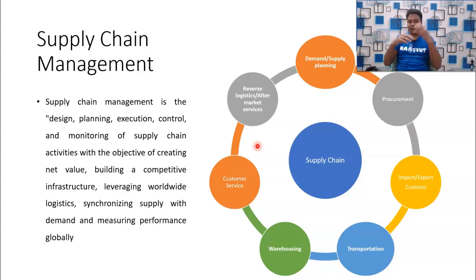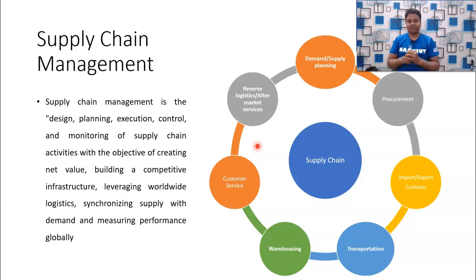So here you can see how all these teams are linked up, and this is called supply chain. And when all these links are managed effectively, then it is supply chain management.